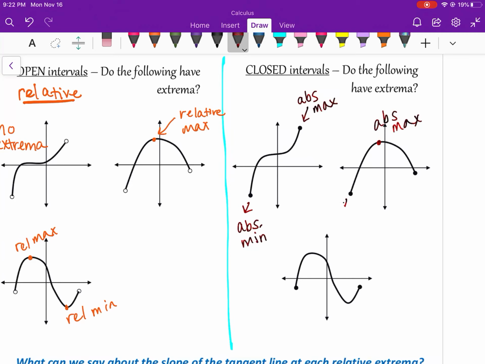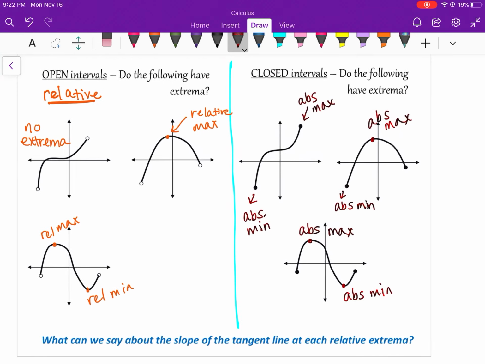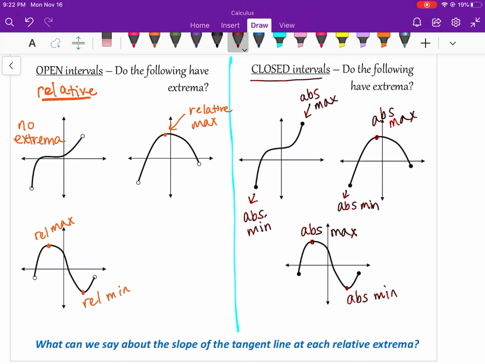I would consider this my absolute minimum, because it is the lowest on my curve. When I look at this one, there's my absolute max. Here's my absolute minimum. So again, for the absolute, they're coming off of a closed interval. The absolute minimum will be your lowest value on that interval, and the absolute max will be your highest.